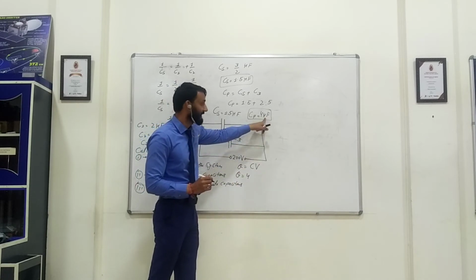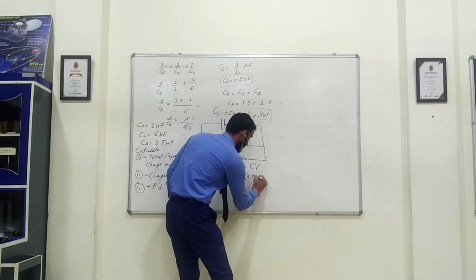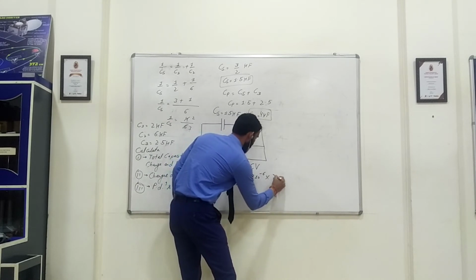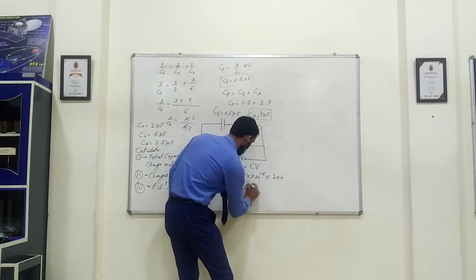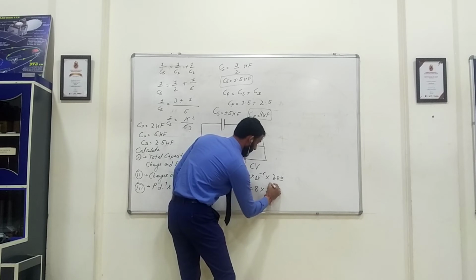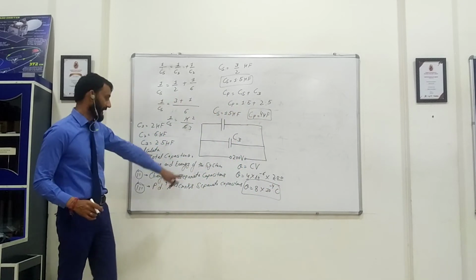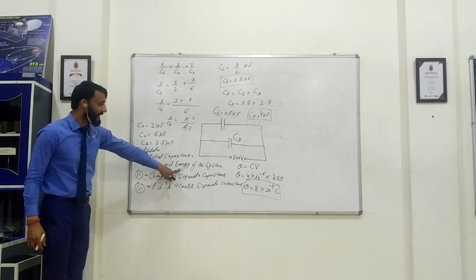This is in microfarad and this is in SI system. So 4 into 10 to the power minus 6 into 200. So Q is equal to 4 times 8, 10 to the power minus 6 and 10 to the power 2 will become 10 to the power minus 4 coulomb. Total charge calculated.